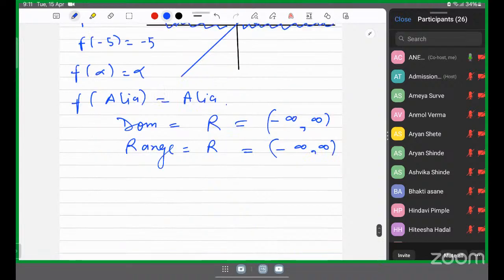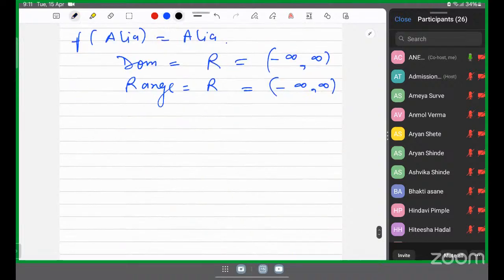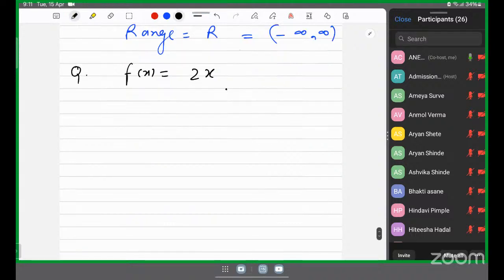Let's say I have a question for you. If we have f of x equals 2x, what will be its domain and range? In this case, if we again look at the graph, it will still pass through 0, 0 because this is a y equals mx type graph. But this will be somewhat tilted towards the y-axis.